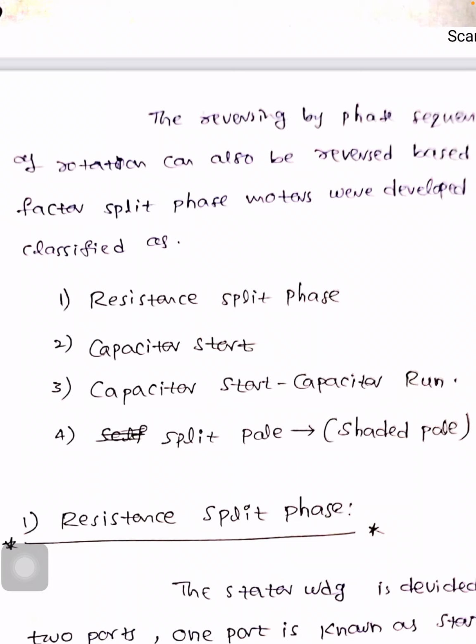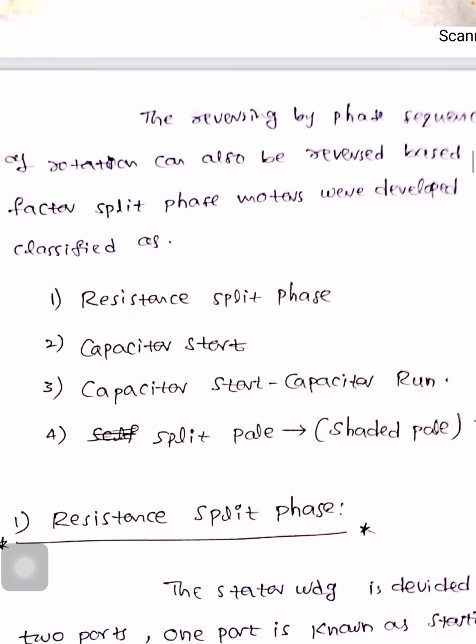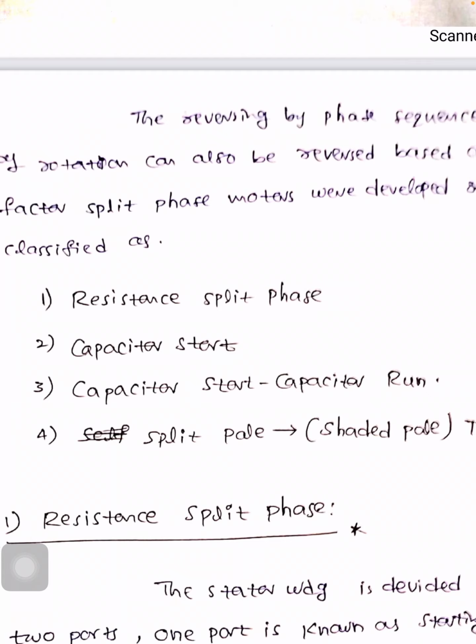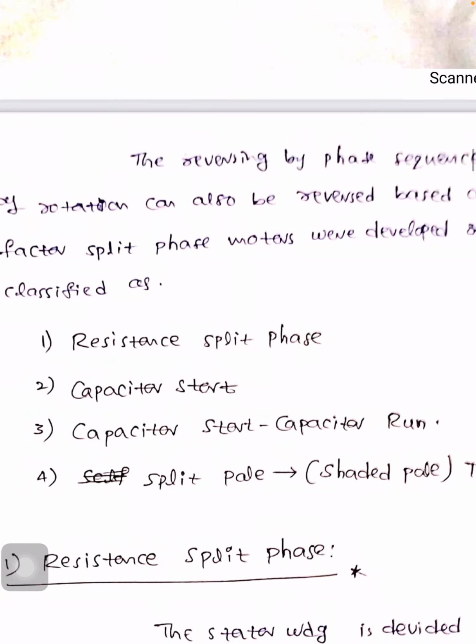And the fourth one is called the split pole or shaded pole single phase induction motor, right? So these are the different types of single phase induction motors available based on the construction of the stator part, and the stator part is always the stationary part, we all know, but the rotor part is always the rotating part, right?